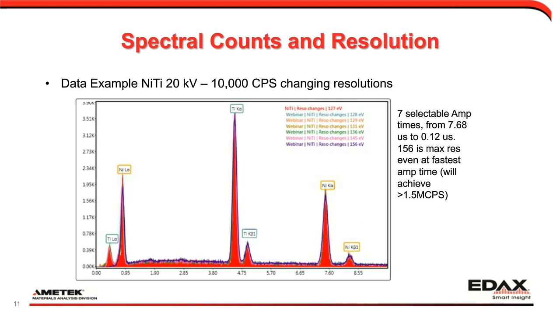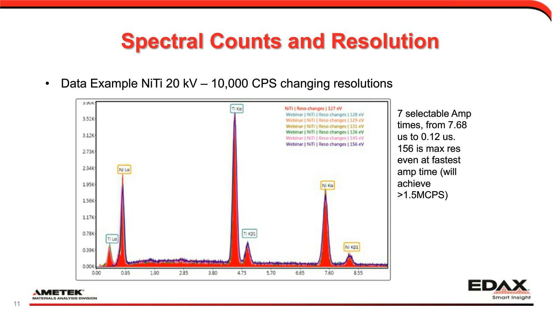And now we're going to look at this example in a little bit more of a visual sense. So what we've done here is we've taken that 10,000 counts per second and displayed an overlay of all of the different amp times to take a look at the impact of resolution on the visual spectrum.